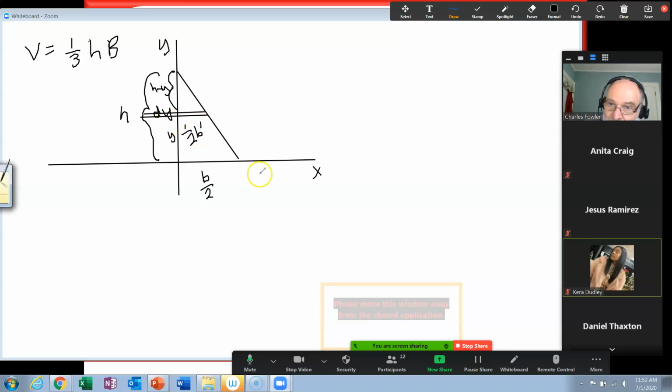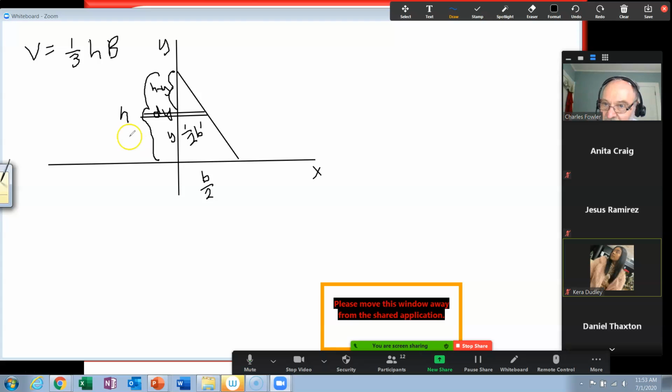We know a ratio: the ratio of this half base to this height. Let's write that down: B over 2 divided by H.